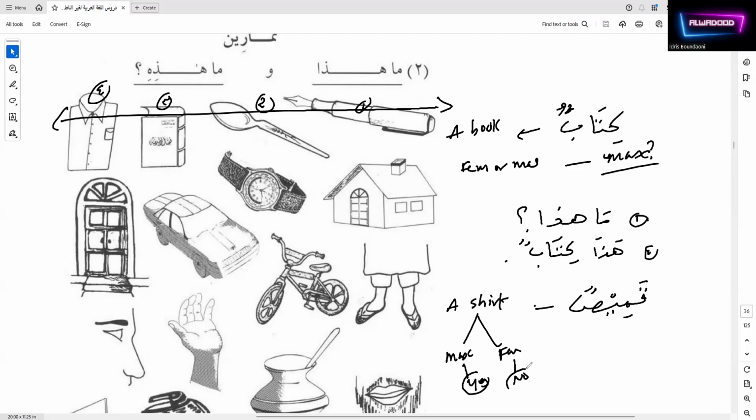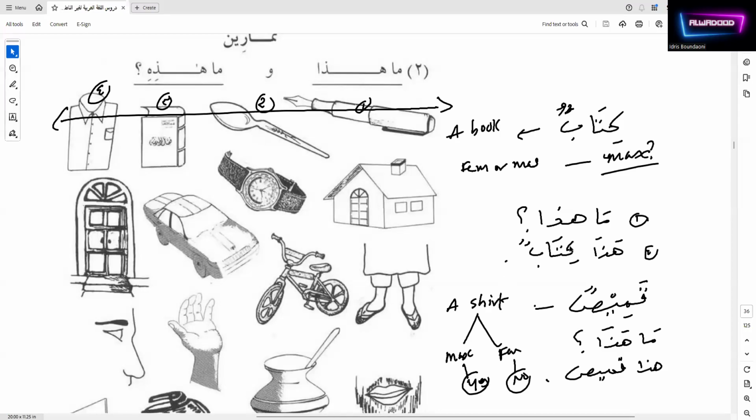Feminine, no, it's not. So what will be my question? Is it going to be ma hadha or ma hadhihi? My question is going to be ma hadha. What is this? Then I have to say hadha qamis. This is a qamis. So do the rest.